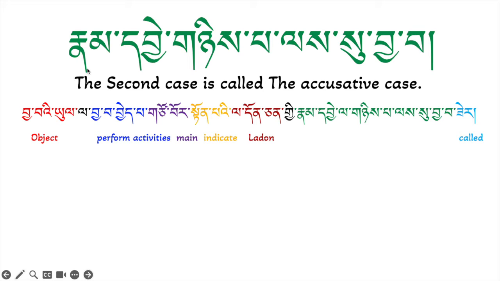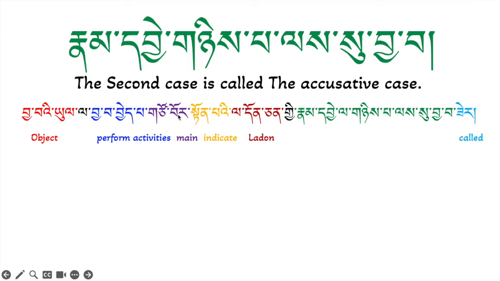So the second Namye Nipa always has to have the object and the action. So when we make a sentence, when there is an action toward the object, that becomes the Namye Nipa category. Okay, the second case.